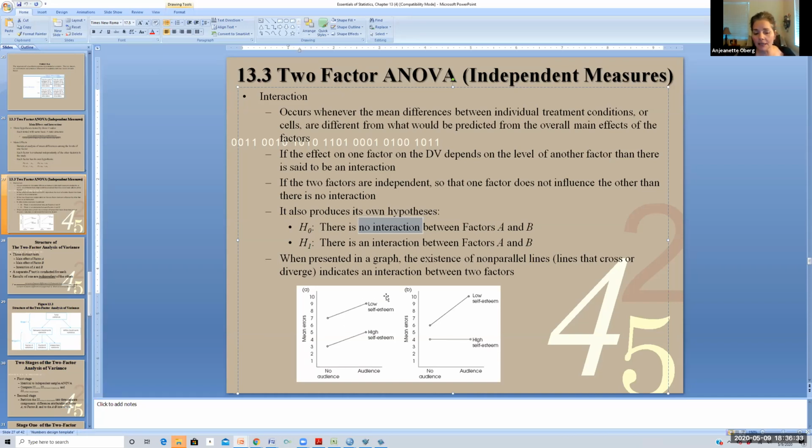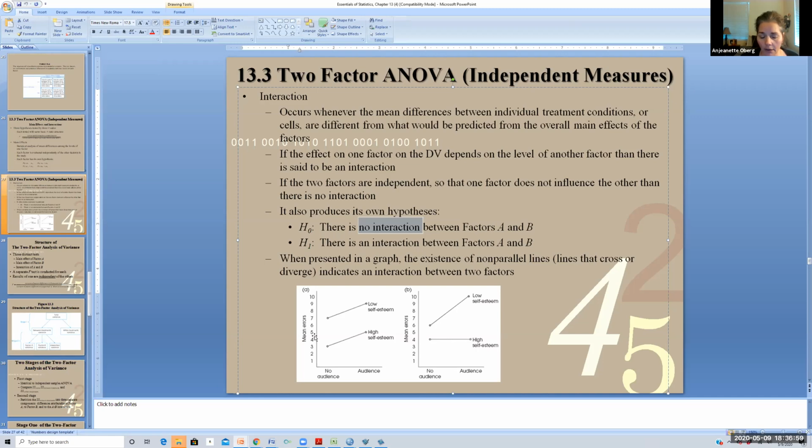So this particular graph is showing low self-esteem on the top, high self-esteem on the bottom. And then this is what these groups scored in the no audience condition and this is what these groups scored in the audience condition. And we can see that for both groups in the no audience condition, they scored lower. Oh, excuse me, it's measuring errors.